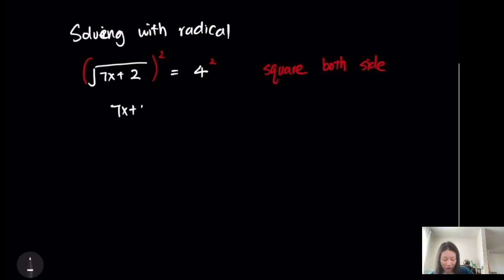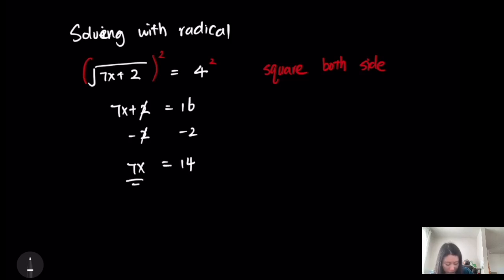What I have is 7x plus 2 equals 4 squared, which is 16. Now we can solve for x like we usually do. I subtract 2 on both sides. So 7x equals 14 and then divide by 7. So our x is equal to 2.